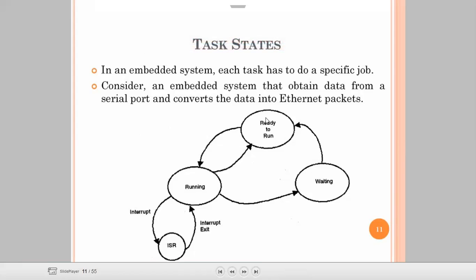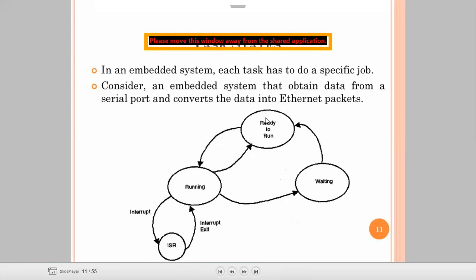I take the serial data, but suppose the serial port is not yet connected, like a pen drive that is not connected. Until then it is always in the waiting state. Once that port is connected, it goes from the waiting state to the ready to run state. Now it is ready to run.